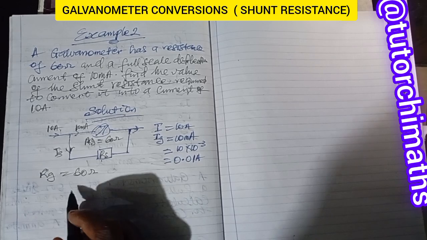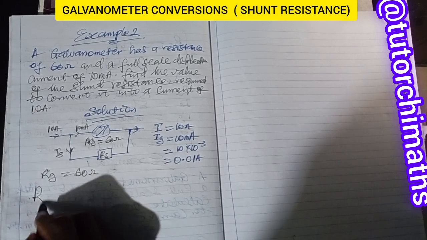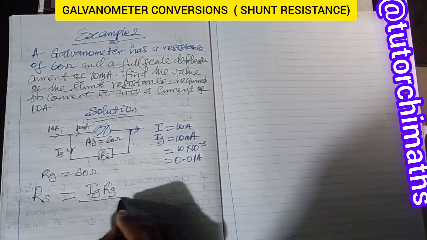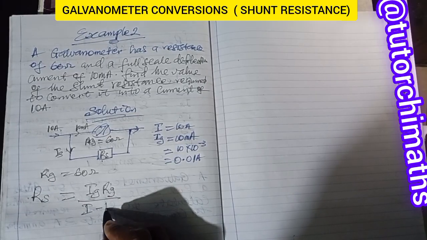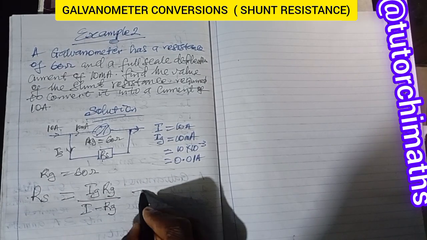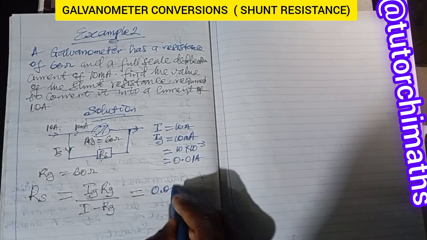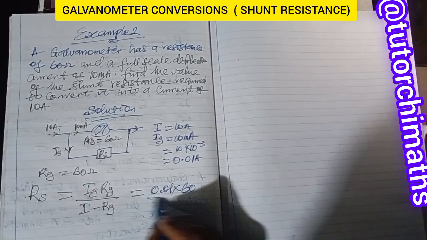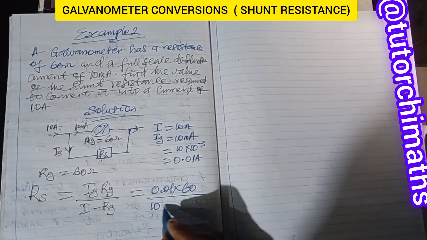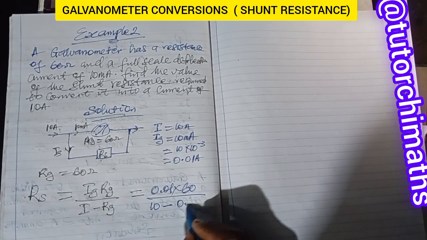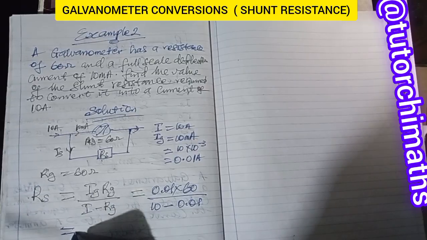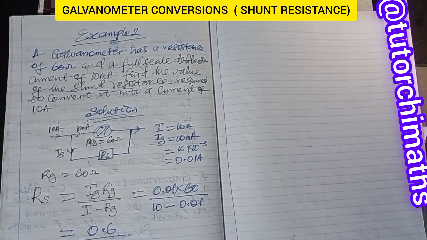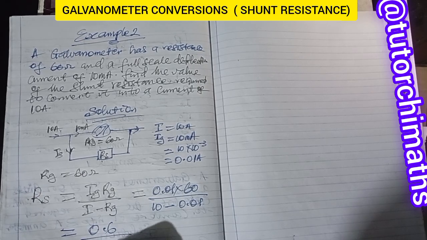Okay. Now substituting, RS is equal to IG multiplied by ROG, divided by I minus IG. This will give us 0.01 multiplied by ROG, which is 60, divided by our I, which is 10, minus IG, which is 0.01. This will give us 0.6 divided by 9.99.